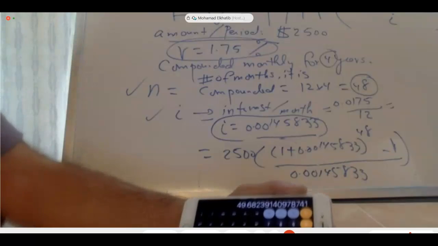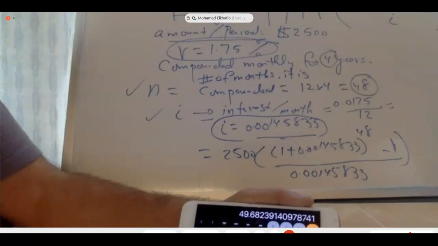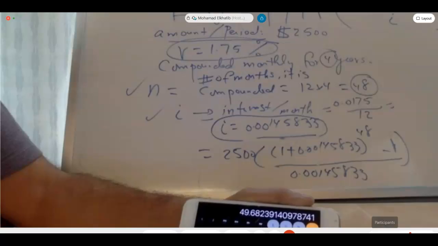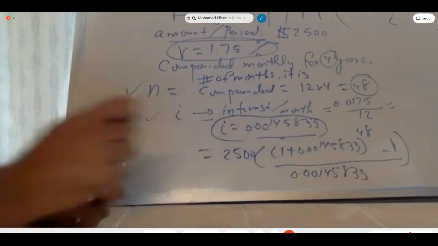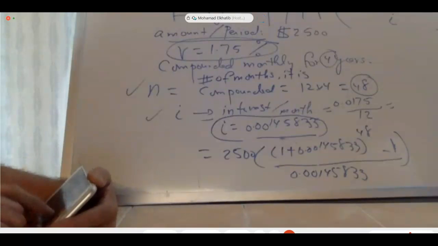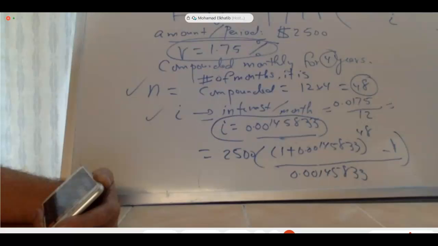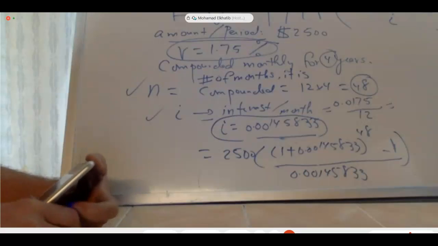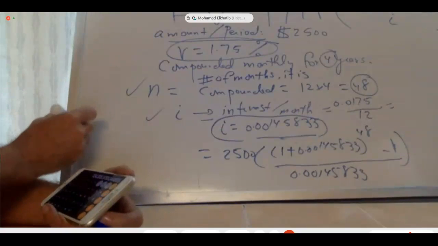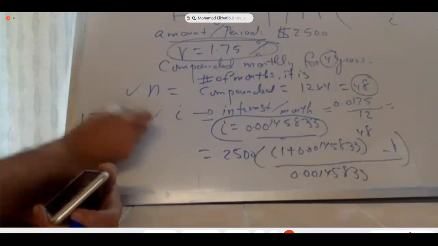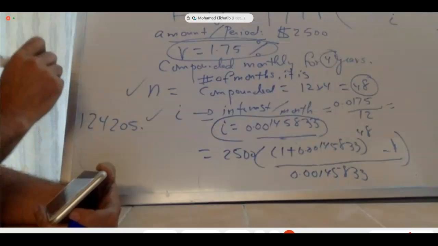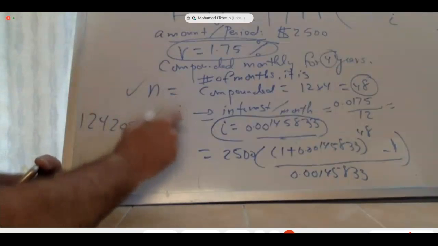Did you do that? Yes. Now, who can tell me what's the last step? Times 2,500 and you'll be done. Oh boy, this is nice. So $124,205.98.